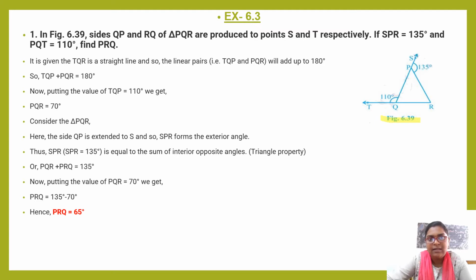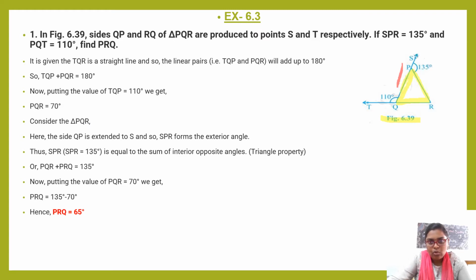See beta, this is a triangle PQR. I am shading it now. So this is the triangle. In this triangle, where is QP?